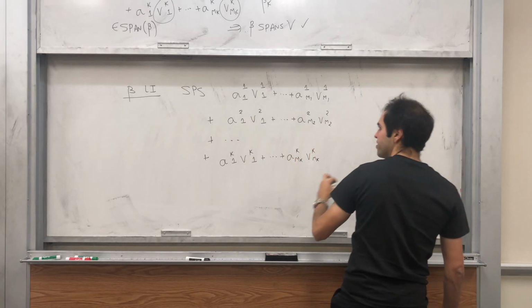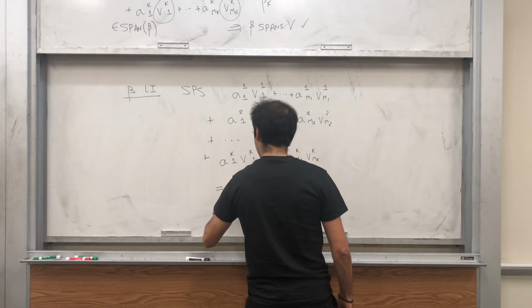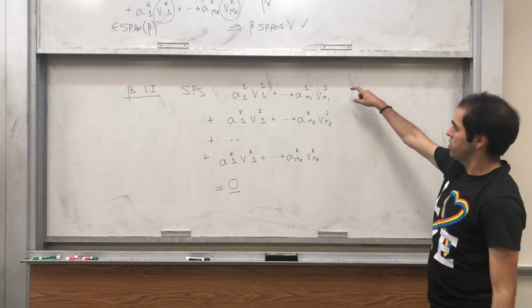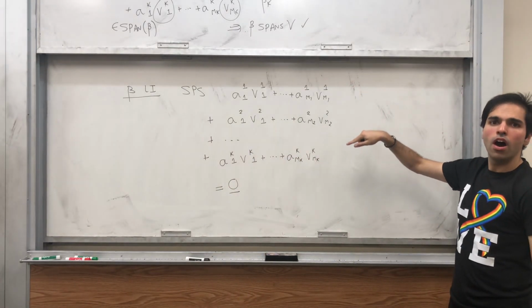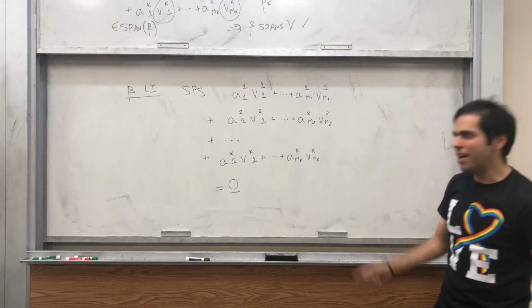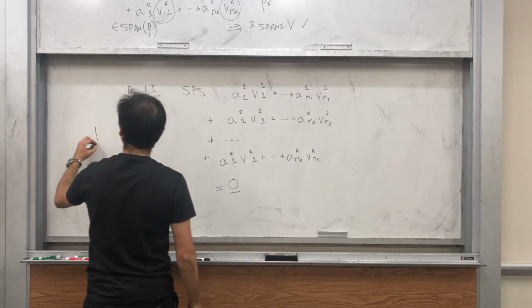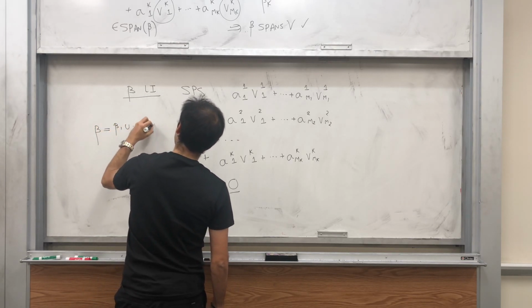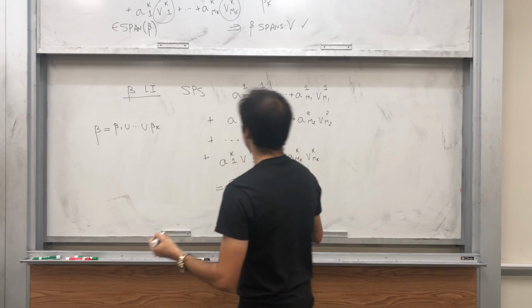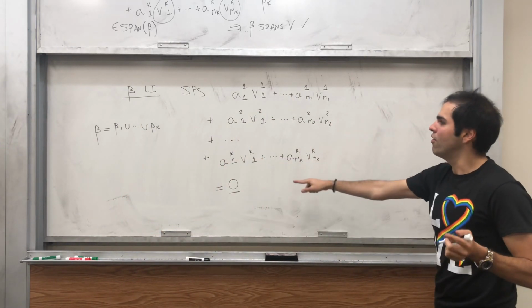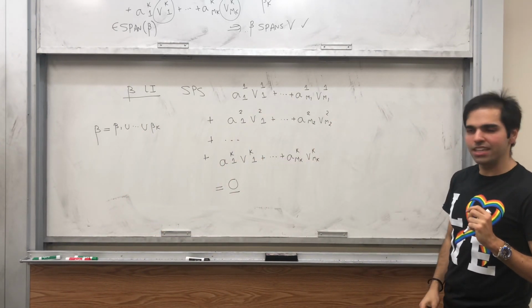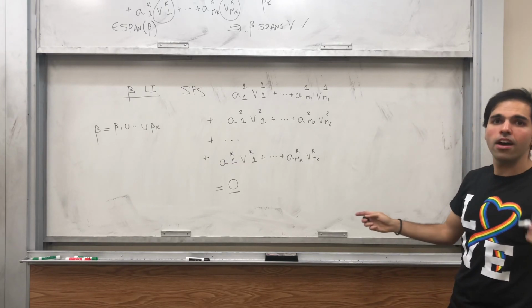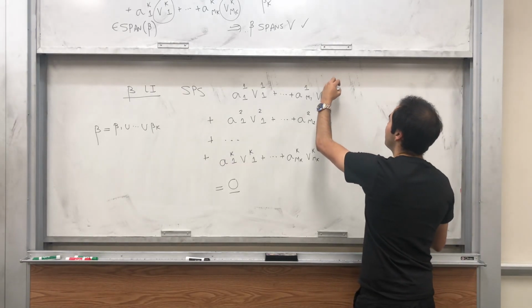Suppose all this gives you the zero vector. That's just a linear combo of every element in beta. Because remember, beta is beta 1 up to beta k. So what this says is, suppose you take a huge linear combo of all the vectors in beta and you find 0. Then I'm claiming all the coefficients are 0.